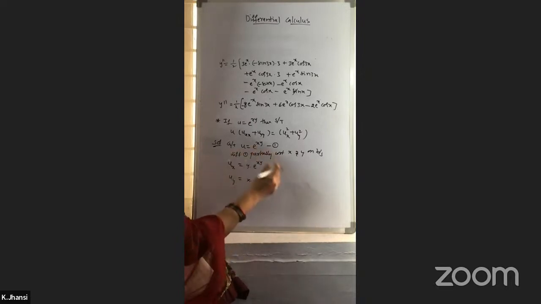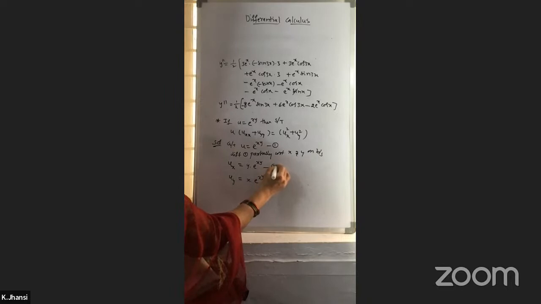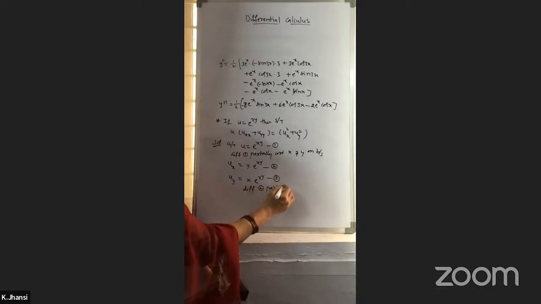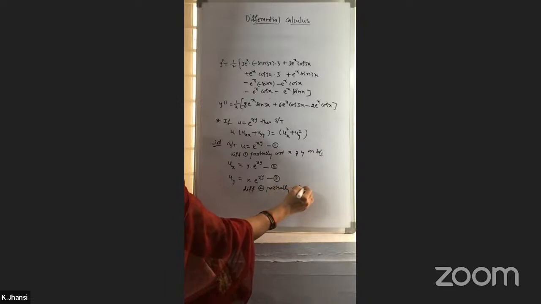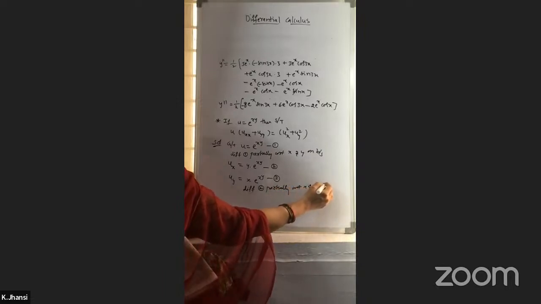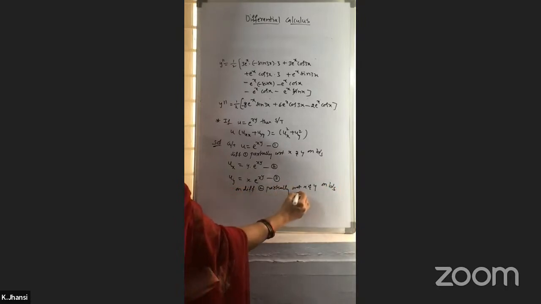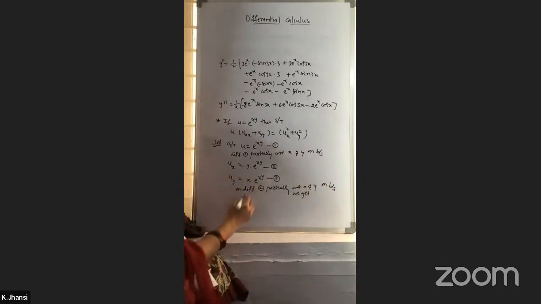Next, take equations 2 and 3. One more time, differentiate 2 partially with respect to x and y on both sides. So one more, second order.